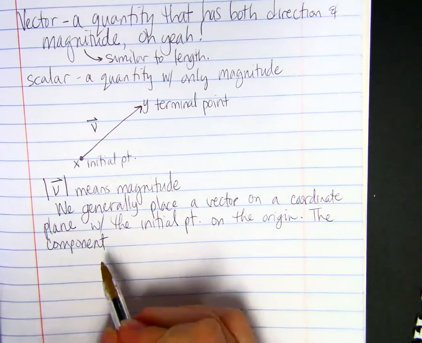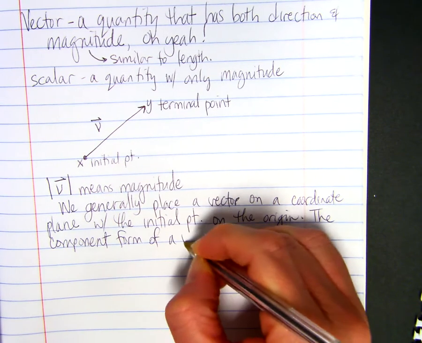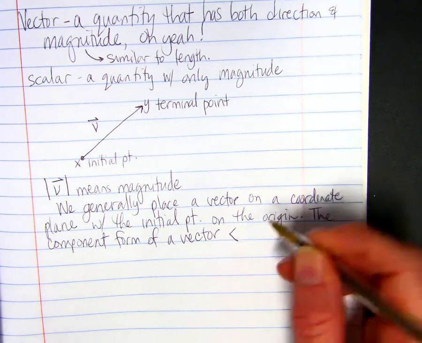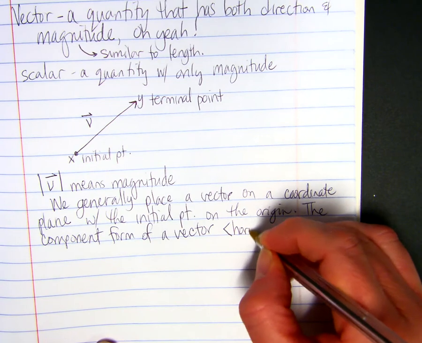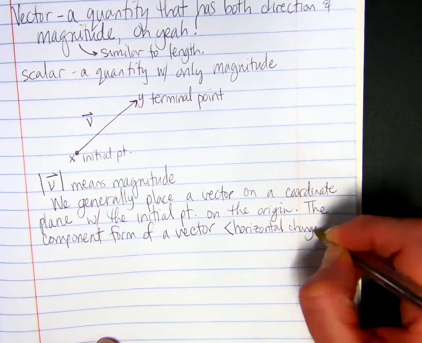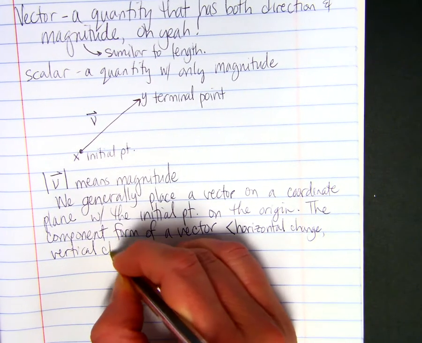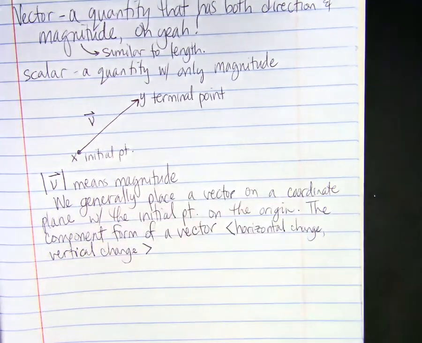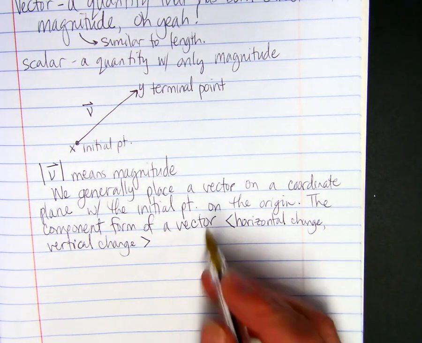The component form of a vector uses these pointy brackets: the horizontal change, then a comma, and then the vertical change. It's exactly like how we write points, only we don't use parentheses.